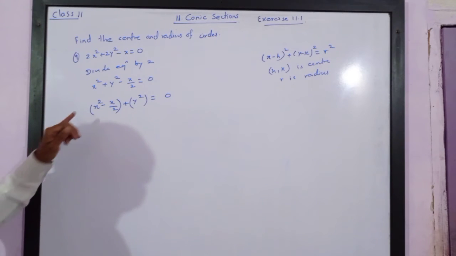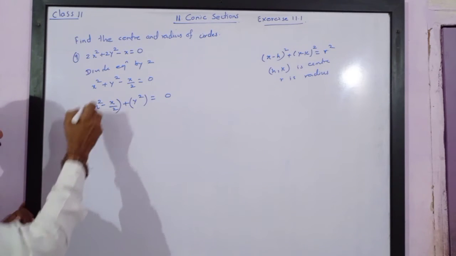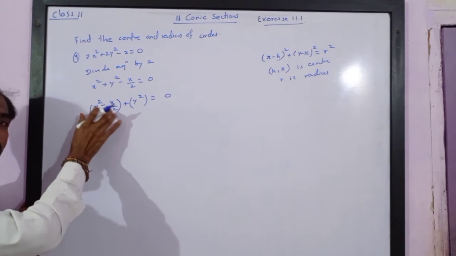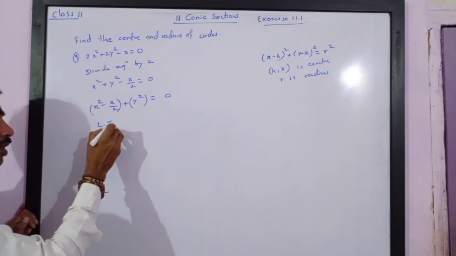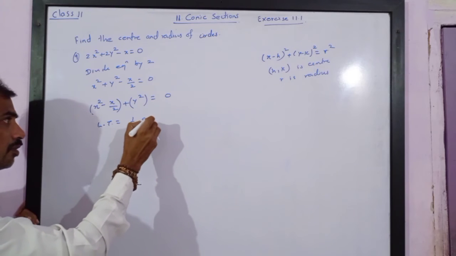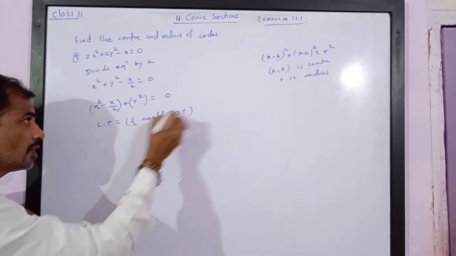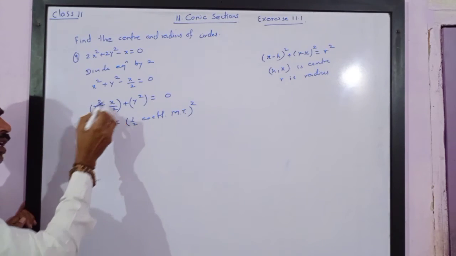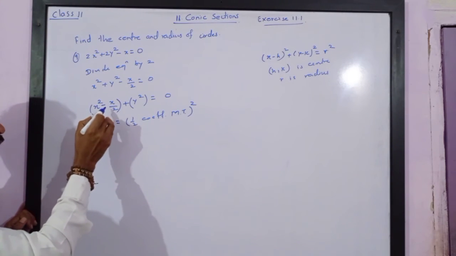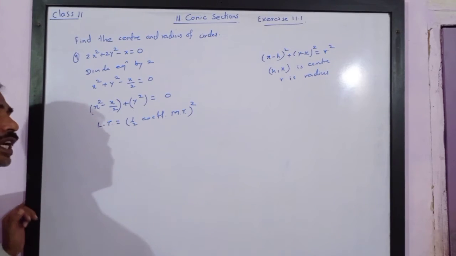Now see, if you want to write this as a perfect square, then the last term is equal to half the coefficient of the middle term, bracket square. Please note, the middle term is x upon 2, means here the coefficient of the middle term is negative 1 upon 2.